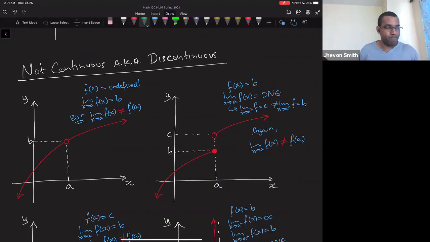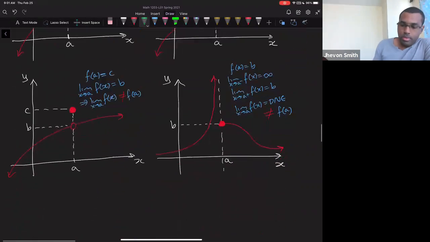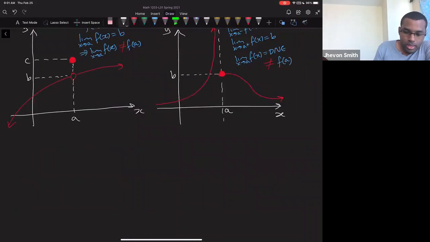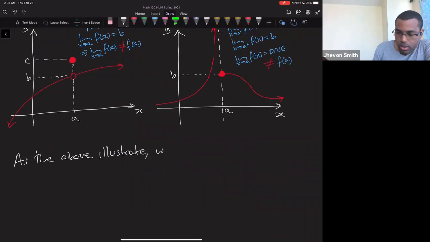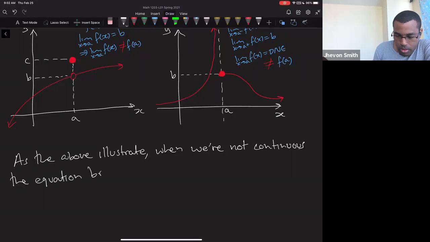So, as the above illustrates, when we're not continuous, the equation breaks. It works when we are continuous.